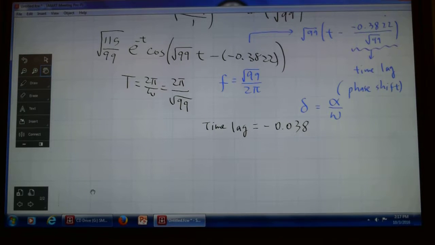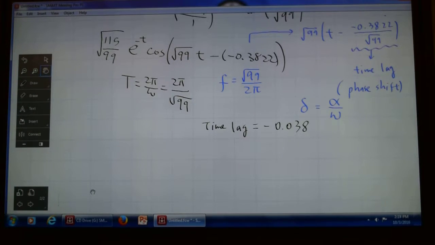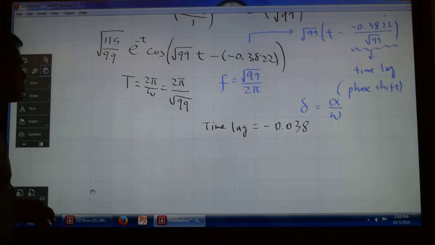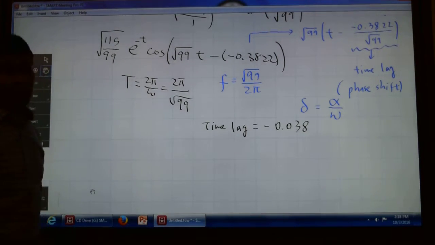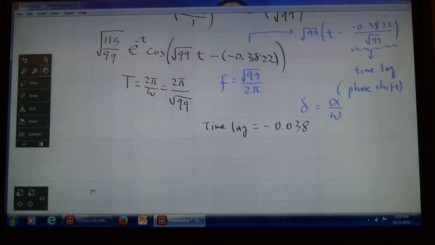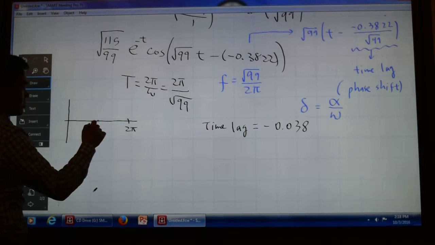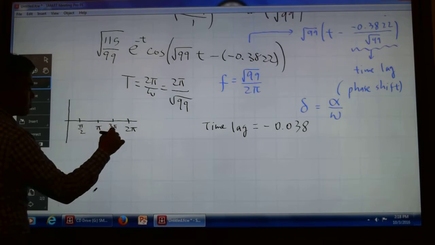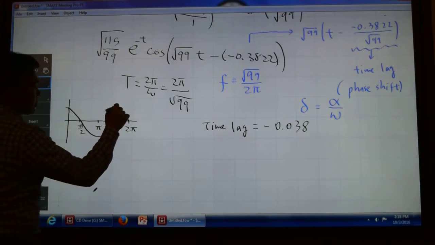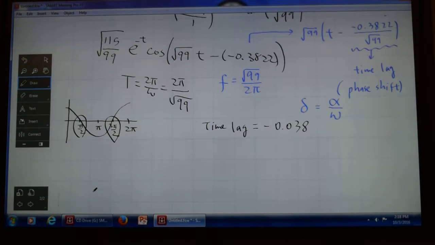Okay, and then the next thing that they are asking is, when does it come back to the equilibrium? It says find the first 4 times where it passes through the equilibrium. When does the cosine function become 0? Do you remember the graph of the cosine? Cosine is 0 at pi over 2, 3 pi over 2, and so on. So at these times, the cosine becomes 0.